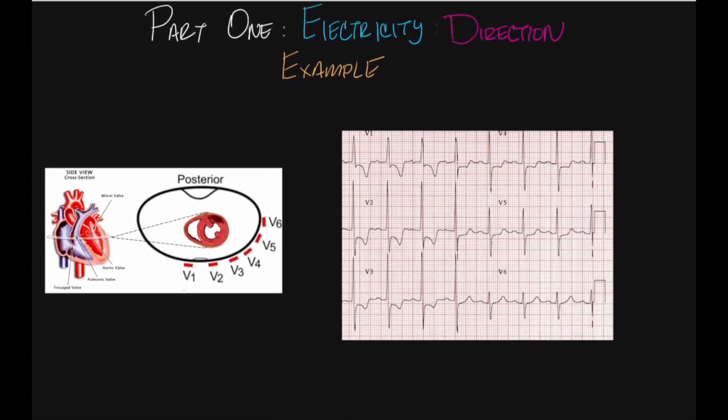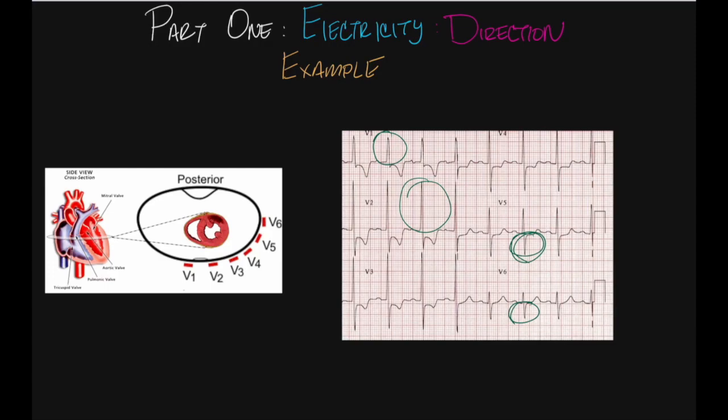So in this example, we have a dominant R wave in V1, and we know that that is uncharacteristic. And we see that V2 is very dominantly R waved, if that's a verb. And notice that V6 and V5 have dominant S waves. That's interesting because that's abnormal as well.